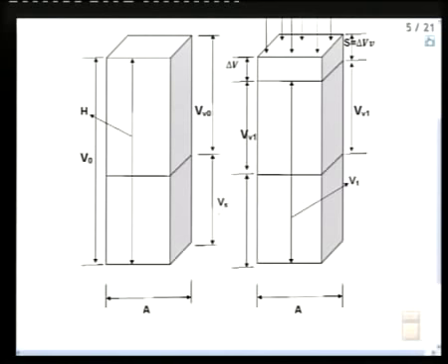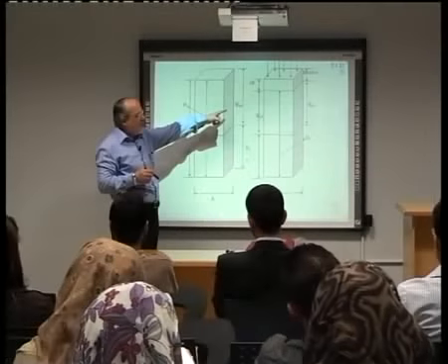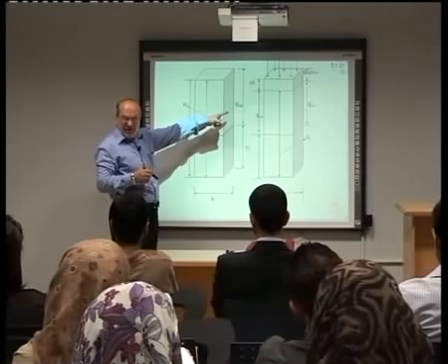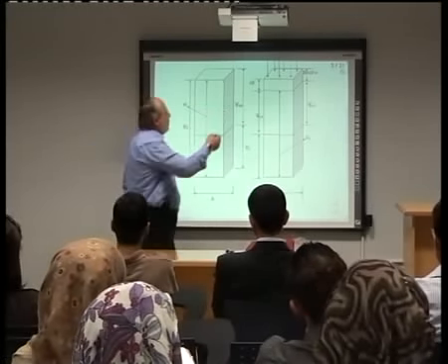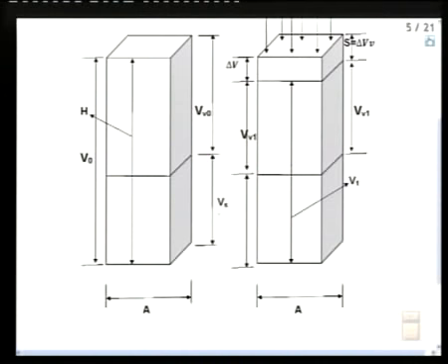Any change takes place in Vv, the volume of voids, which is A multiplied by Hv. Now, if we put a pressure, we have the change, delta V, or I will call it S, the settlement. Or delta Vv, because it's in the voids only.